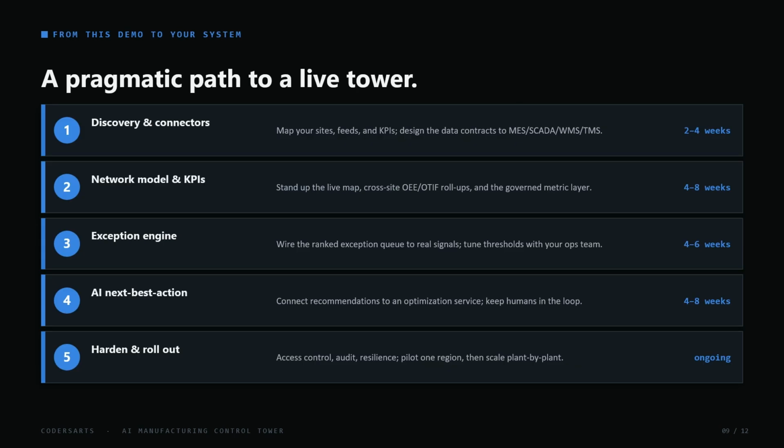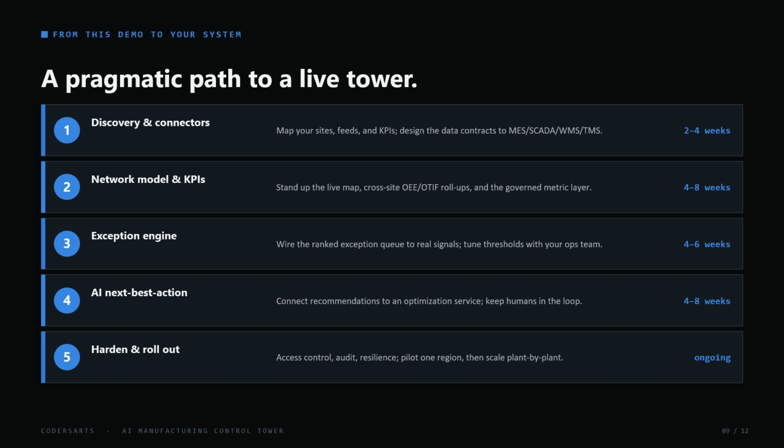So, how do you get from this to a system running on your real plant? It's a pragmatic path. We start with discovery, mapping your sites, your feeds, and the KPIs that matter, and designing the data control. Then we stand up the line and network model, the map and the cross-site rollup. The exception engine binds to your real signals and is tuned with your operating team.